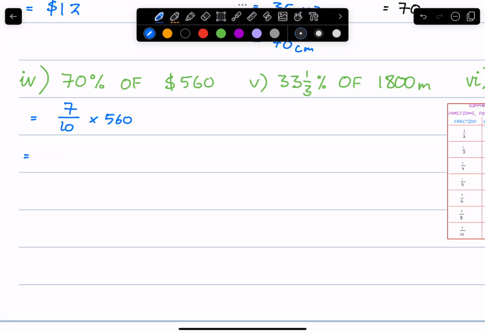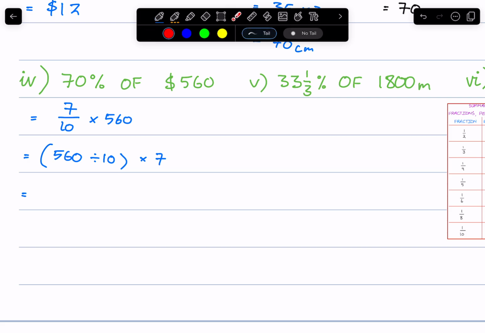And this is going to be 560 divided by 10. So we're dividing by that denominator and then multiplying by the numerator. This one's rather straightforward because we're just moving the decimal 1 over.